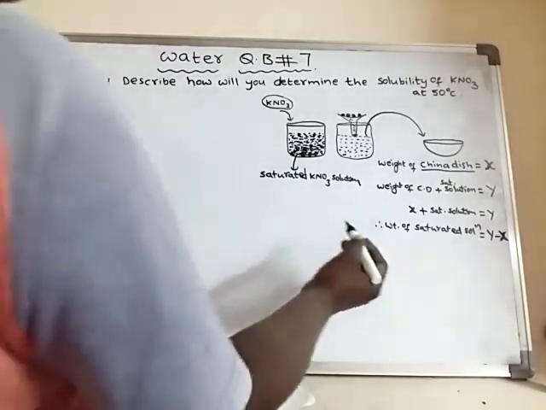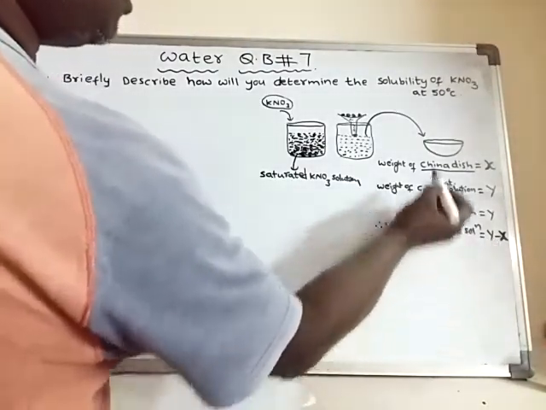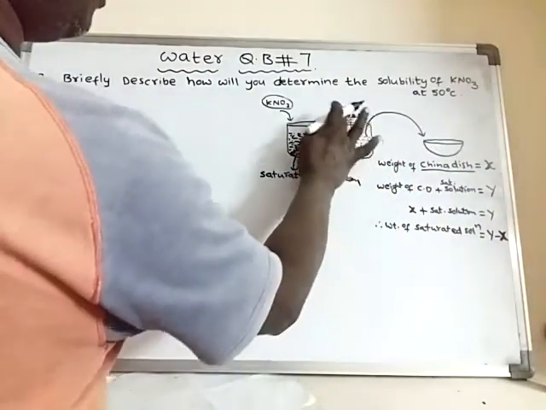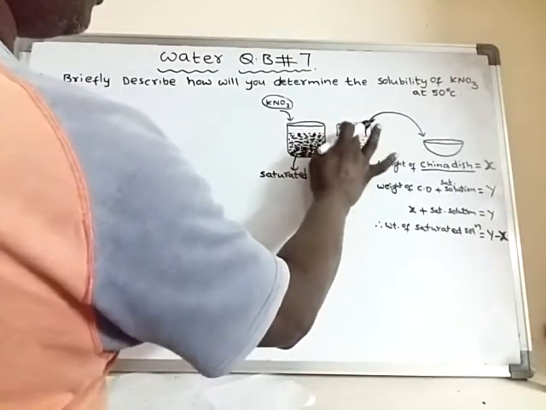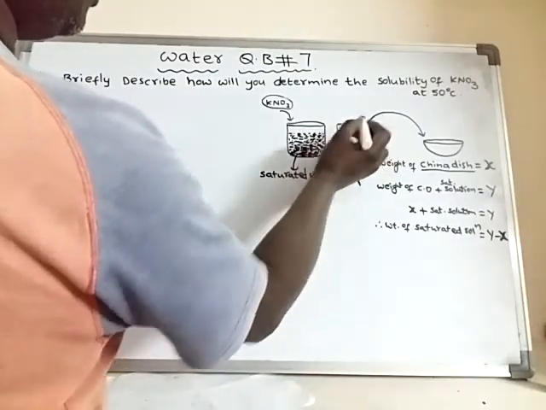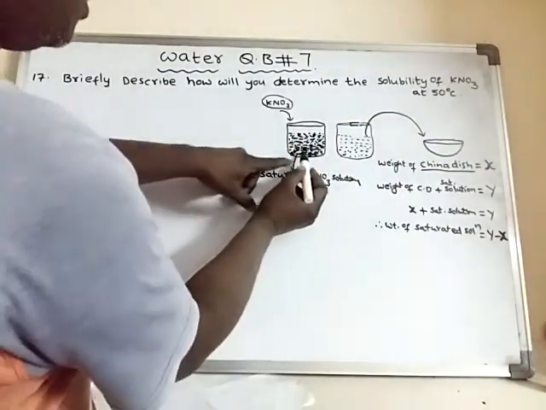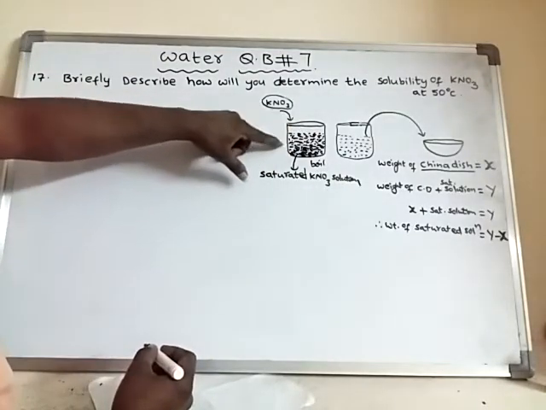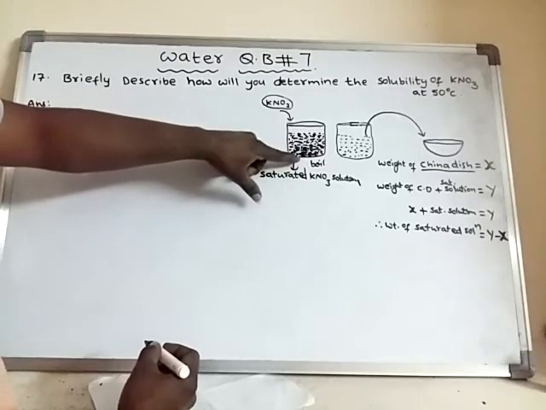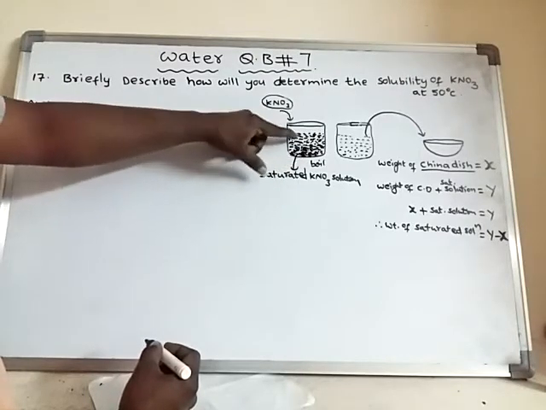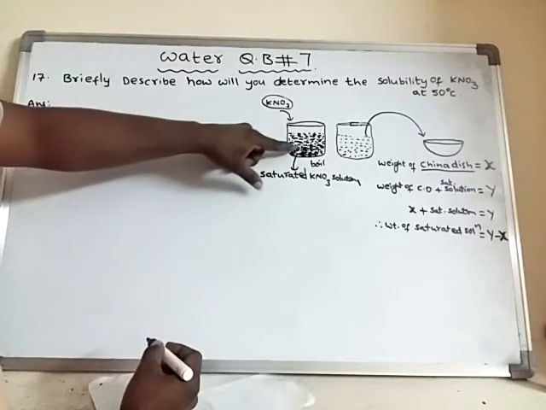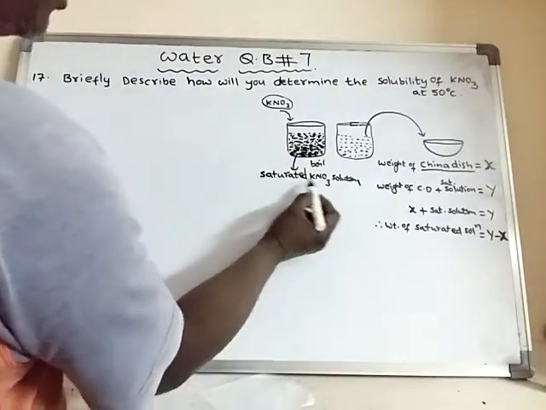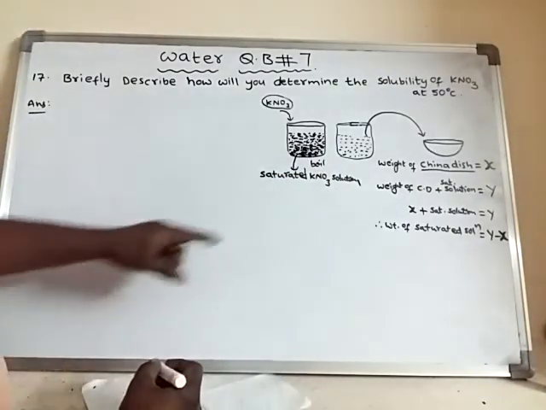Next, after removal of the impurities, we have to boil this mixture, the solution, to dissolve all the potassium nitrate into it until we get a saturated solution of potassium nitrate.